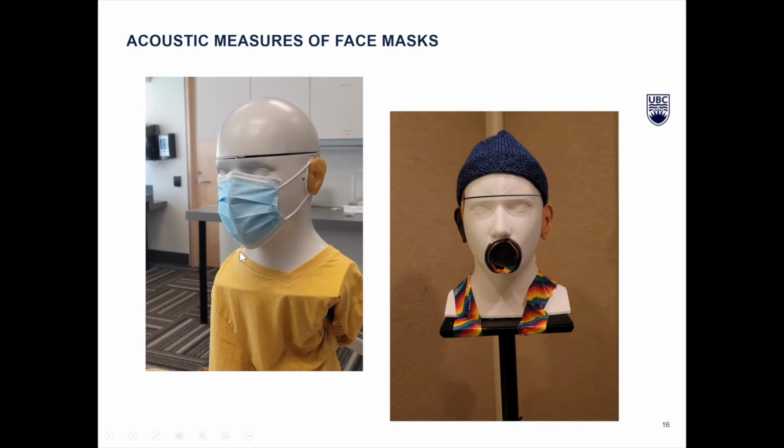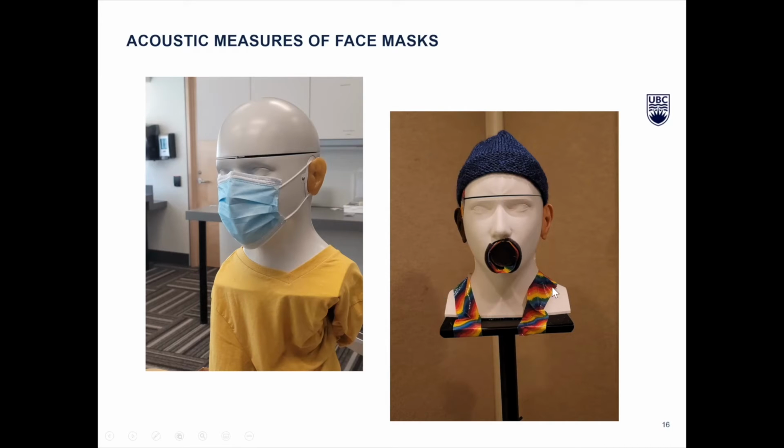So I got approached by some of you folks to help out with acoustic measures of face masks. And I have a mannequin in my lab, but we needed a particular mannequin that had a mouth that could produce signals. And so we got creative.